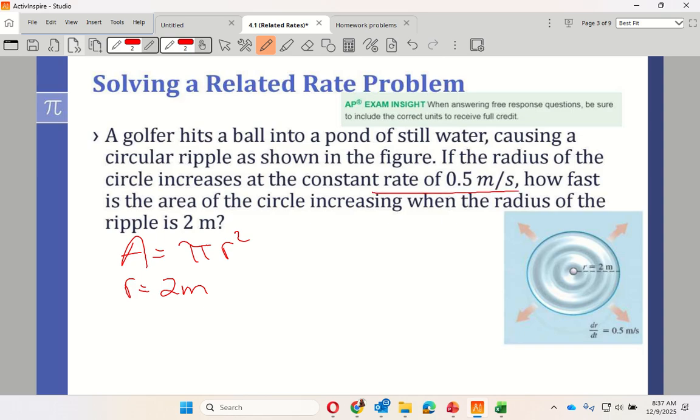Right here, the radius has a constant rate. So that's going to be my dr/dt. That is a rate of change. So my dr/dt is going to be 0.5 meters per second.